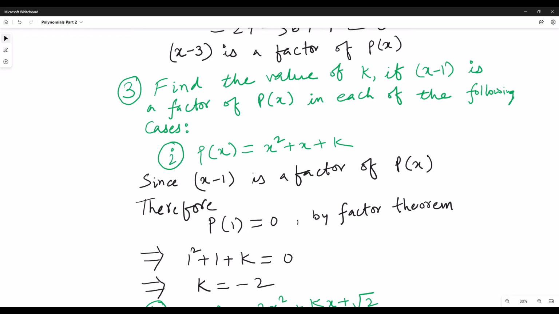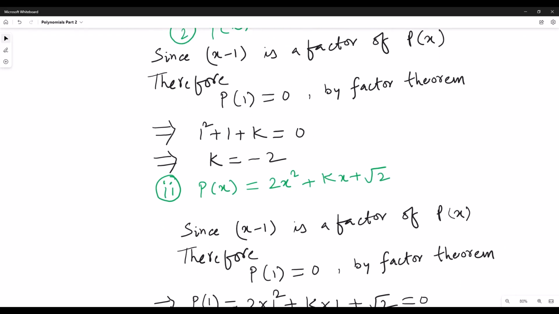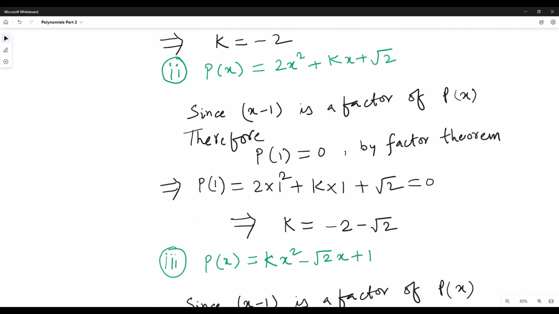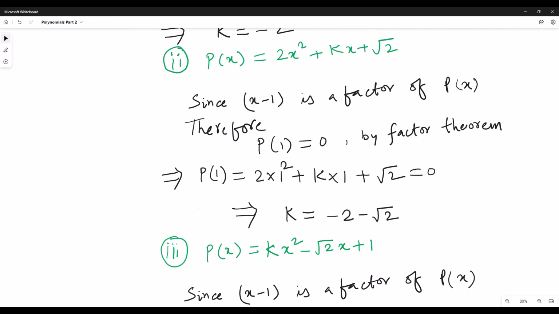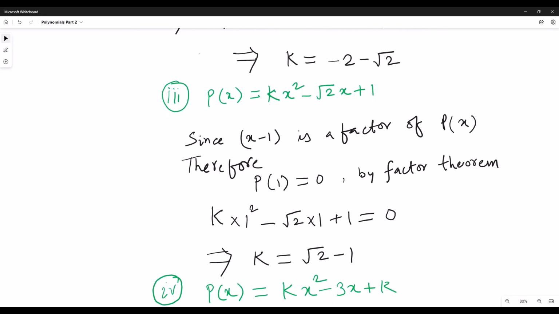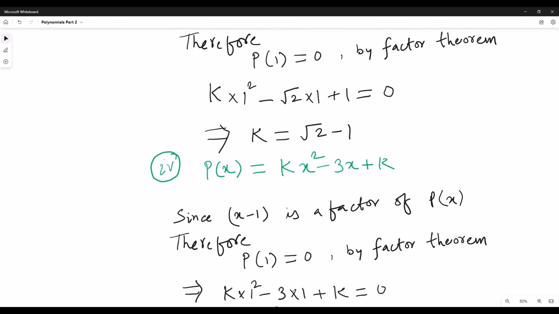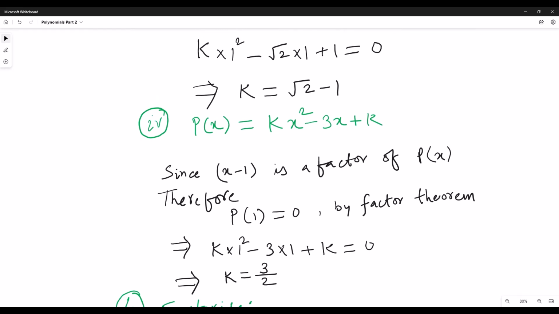So we will put x equals 1 and find the value of k. Since x minus 1 is a factor of p(x), p(1) is 0 by the factor theorem.